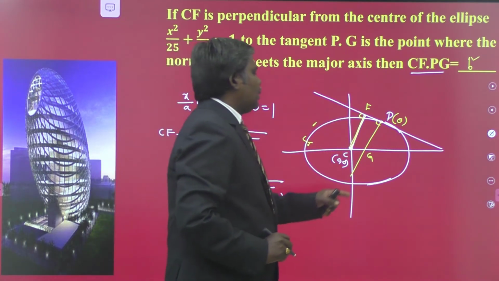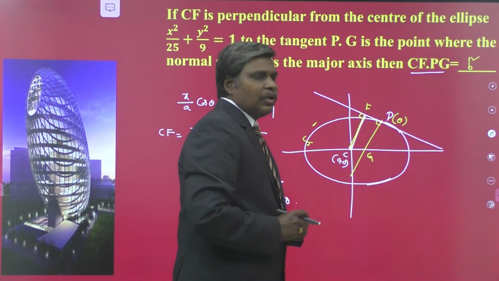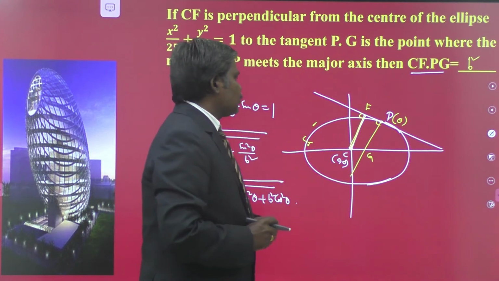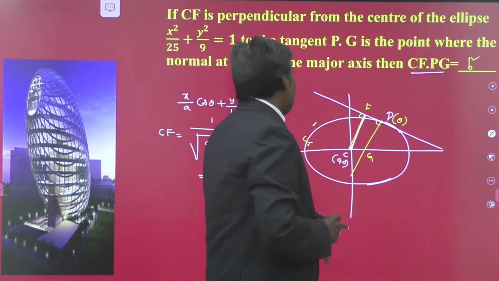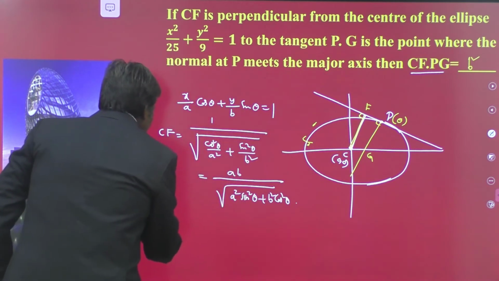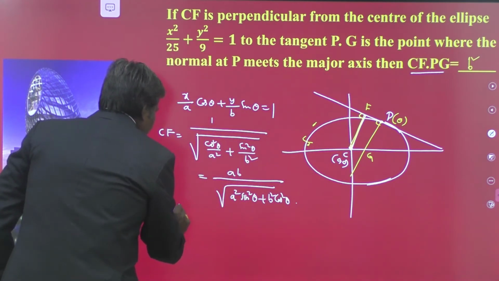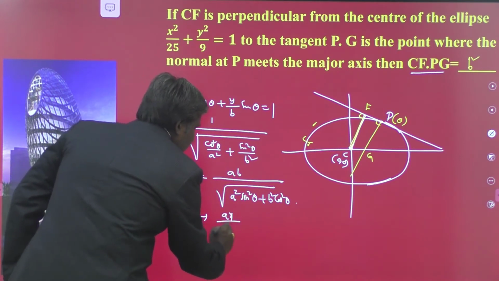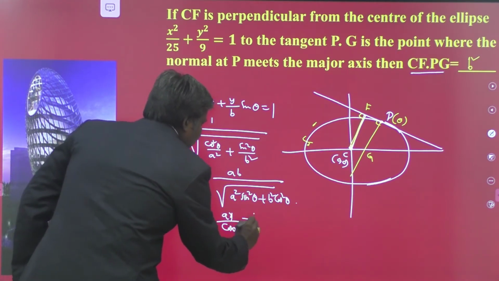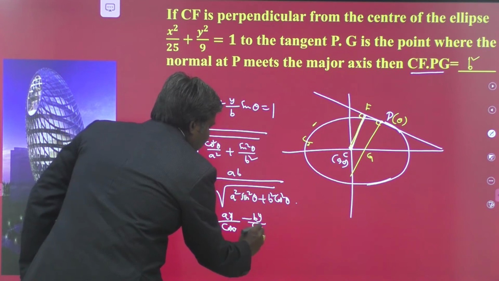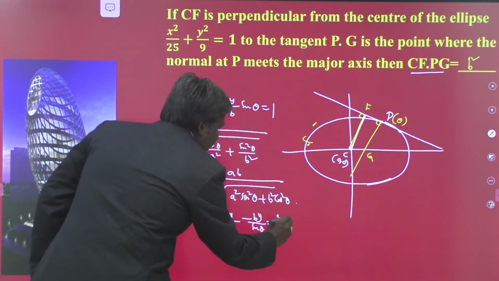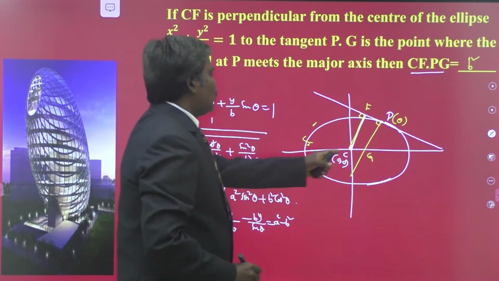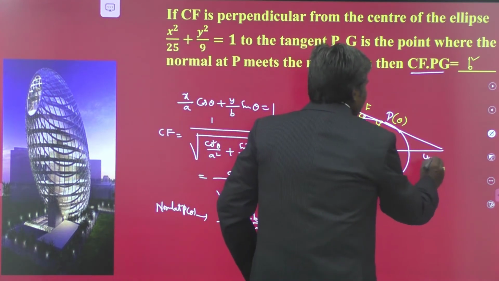Again we have to find out the distance PG also. For that, you first write the normal at theta. What is the normal at theta? Normal at P of theta is AX by cos theta minus BY by sin theta is equal to A square minus B square. We are solving with the x-axis, that is y equal to 0.